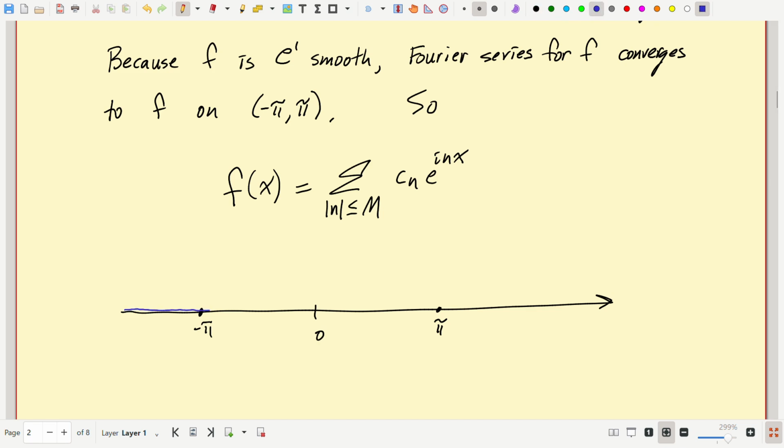It would be 0, and then it could wiggle around a bit. I'm going to make it smooth looking. There, it's going to be coming in here. Then it could have a couple wiggles, and then it's got to go out and be smooth again like that. But I'm only going to care about what it looks like inside the interval from minus pi to pi.